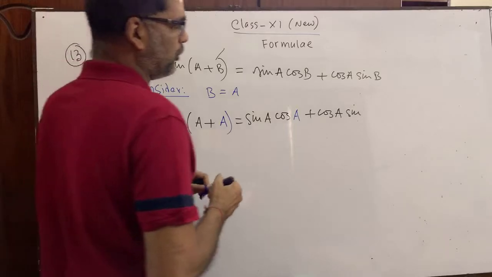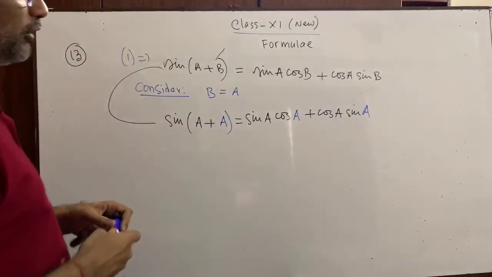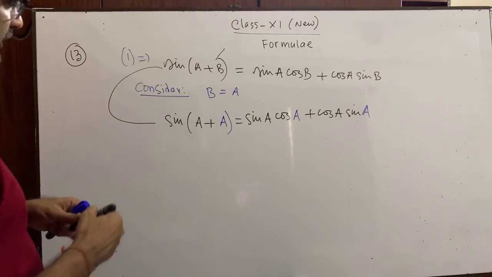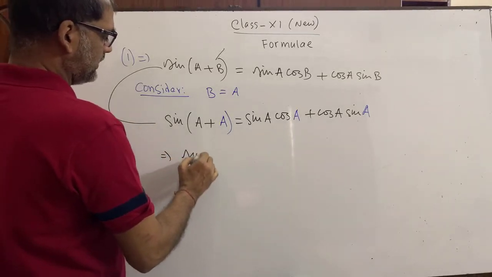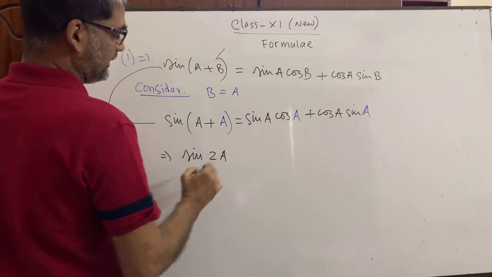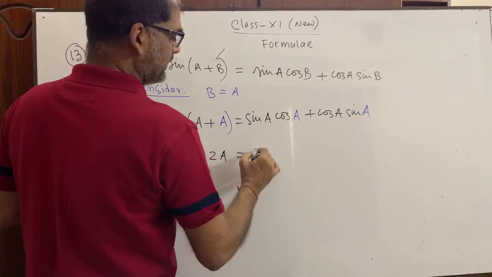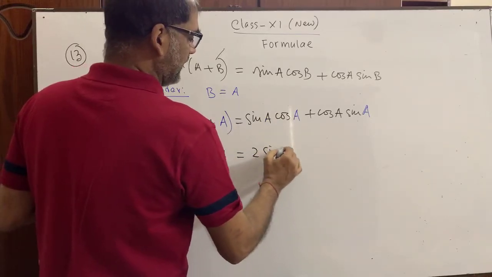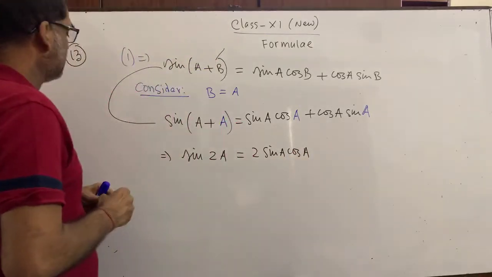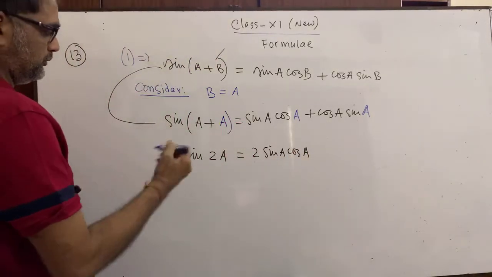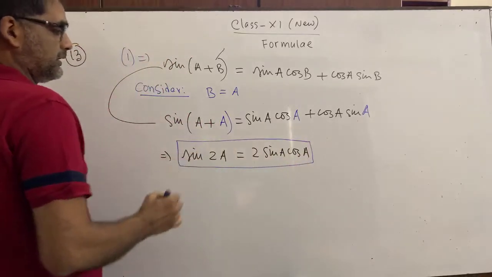As I told you, for b we have to write a. Now what is happening here? It is sine twice a, and the two terms are the same. So we can write 2 sine a cos a. It is formula number 13. Write it.